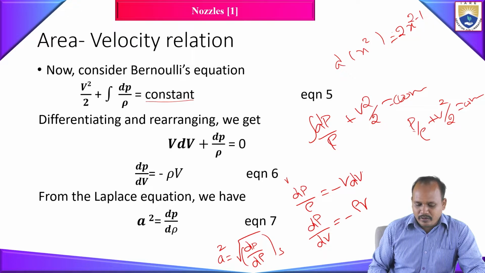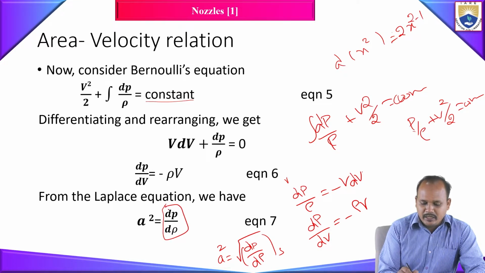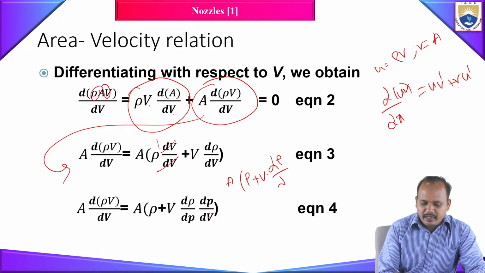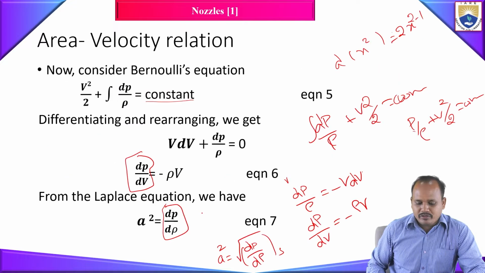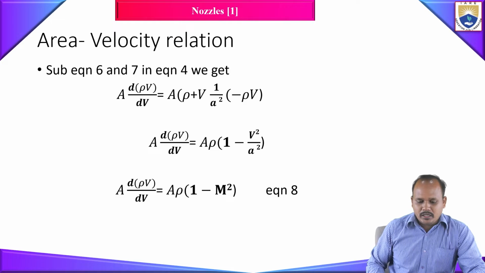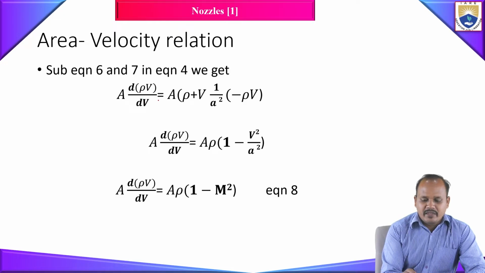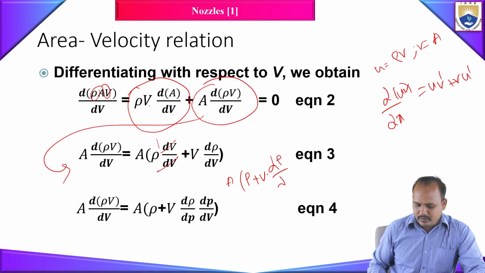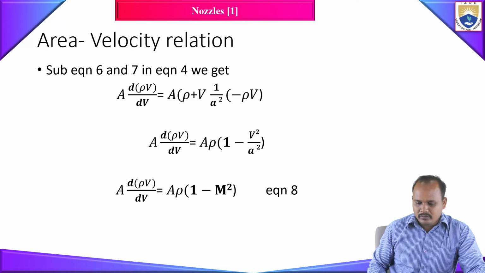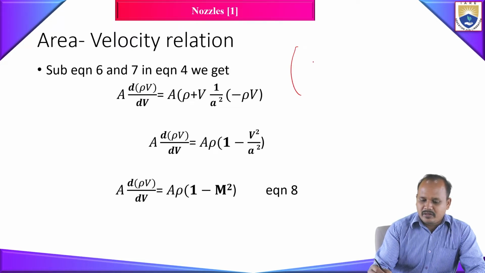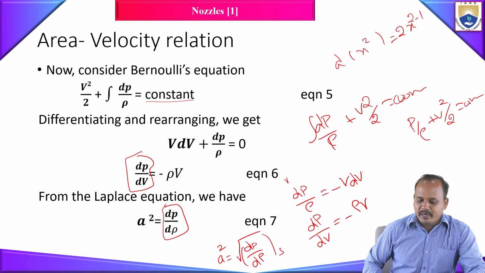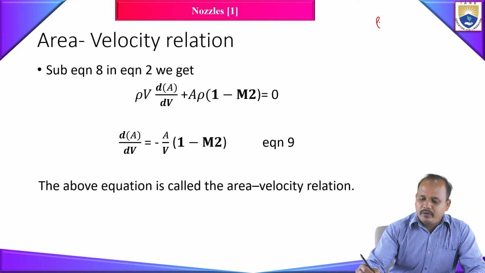So we have the value for dp by d rho and dp by dv. So here we have what? D rho by dp and dp by dv. In this place, I'm going to substitute these values. So when I substitute these values, what will I get? A differentiation of rho v by dv is equal to a into, what is the equation we have? A into rho plus d rho by dp and dp by dv.